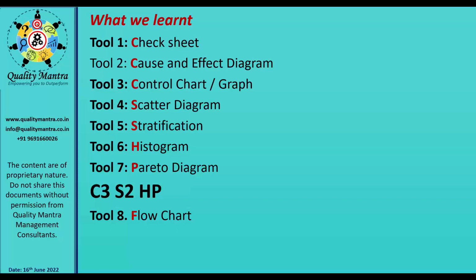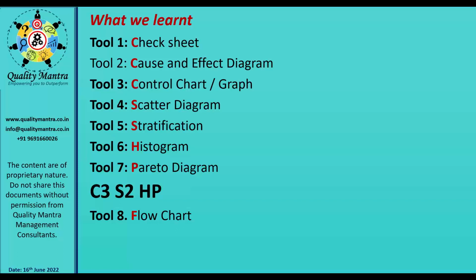A brainstorming session is a very important thing you need to carry out for the cause and effect diagram to be done in a proper way. Then tool number 3 is the control chart. A little bit difficult to understand, but a very good tool.